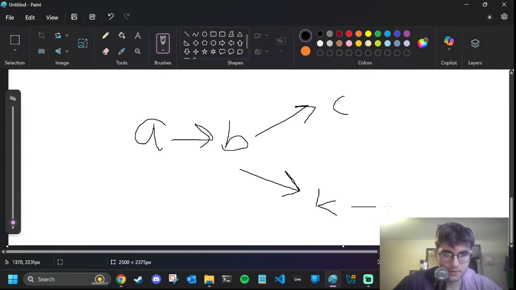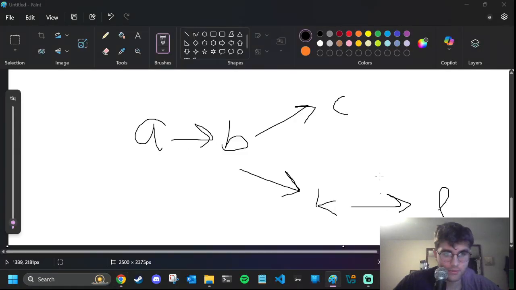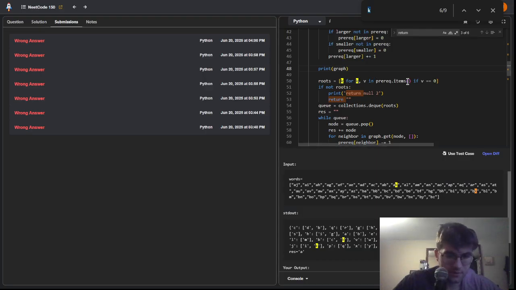K points to L. What does C point to? C points to two other things that don't matter. Well, let's see what K points to. K points to L. That's it. Oh, so where is the cycle?